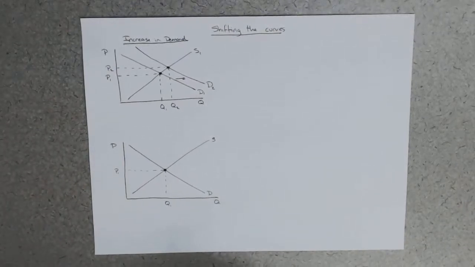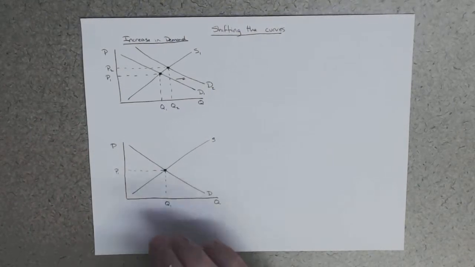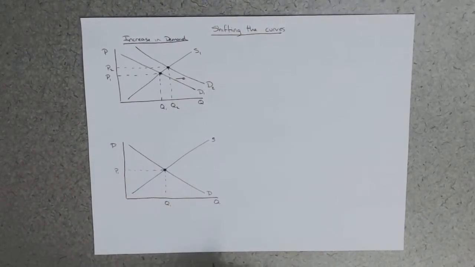We want to know what's going to happen to the price of hot dogs if the price of hot dog buns rises. Okay, so now hot dog buns are more expensive. What happens in the market for hot dogs? Okay, so pause the video, do it yourself, and come back to me.